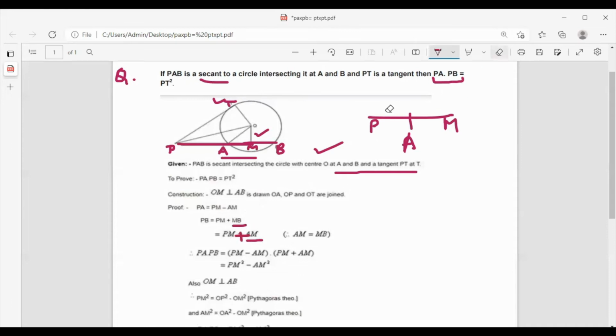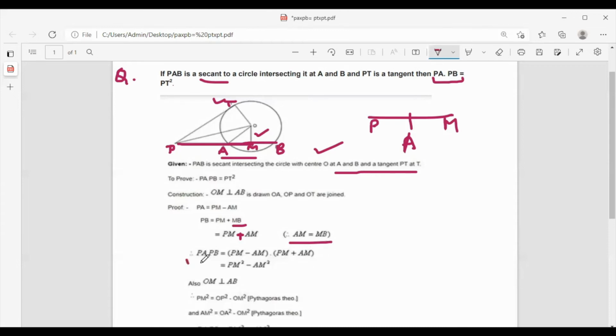So PB is PM plus AM, and PA is equal to PM minus AM. AM and MB are equal, because OM is perpendicular to AB and divides AB into two equal parts.